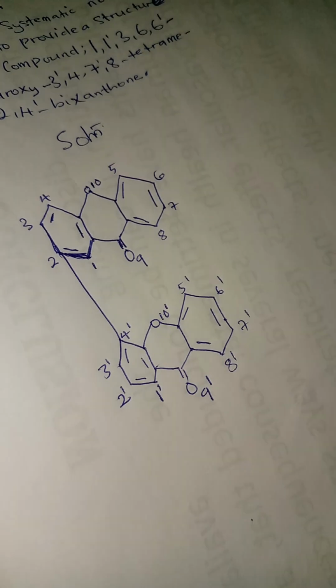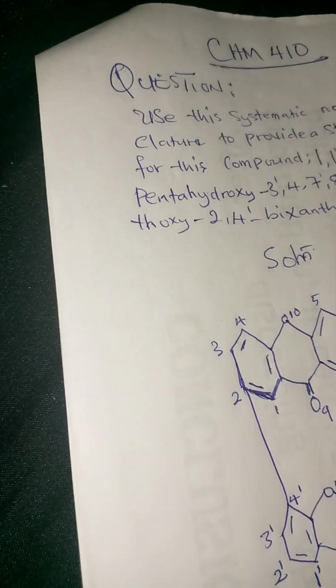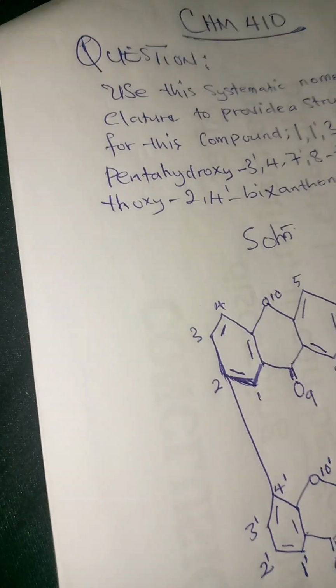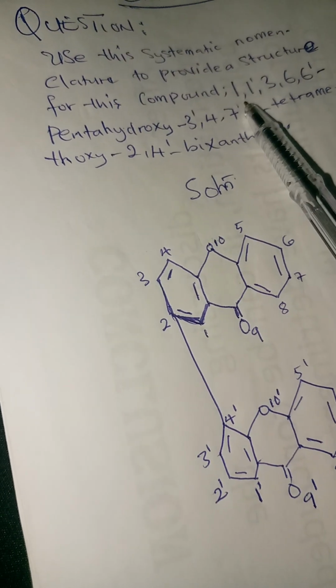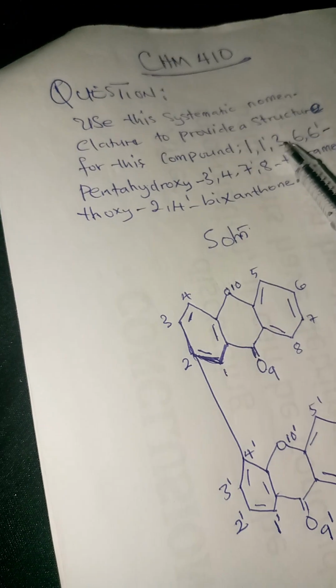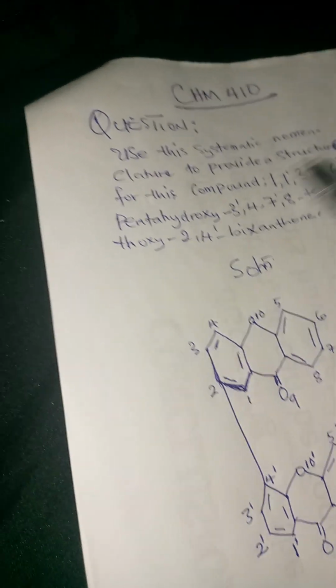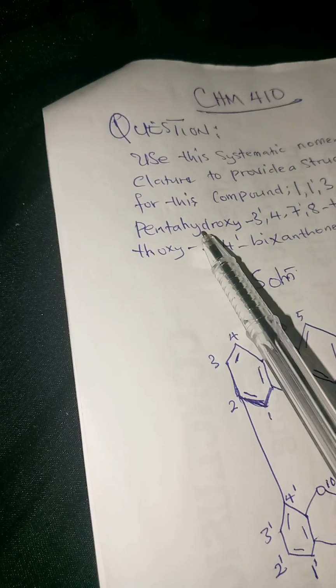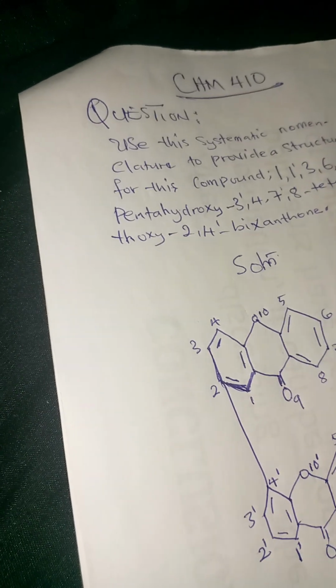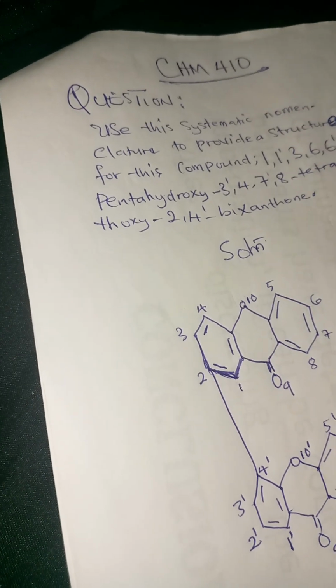You see? Now once you have this, you need to go back to the equation and see what is the systematic nomenclature, the naming. The naming was 1, 1 prime, 3, 6, 6 prime, penta. That means in this case, pentahydroxy. Remember, your hydroxy group is written like this.